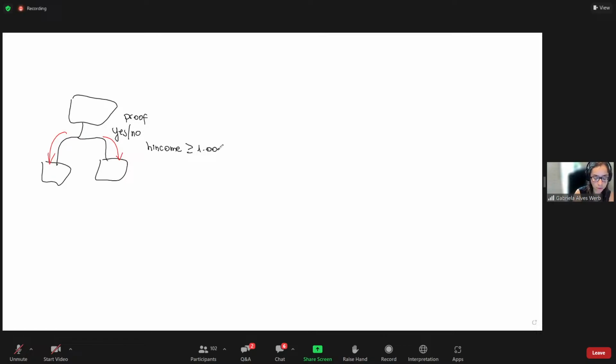If not, they are probably not going to show proof. So maybe I would use this split here. And if it would send the exact same observations to the left and to the right, this would be a perfect surrogate variable. So whenever this variable is missing, I will use this one.